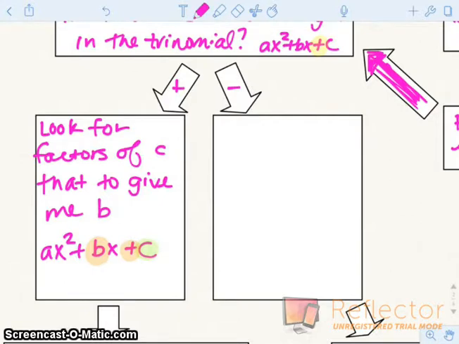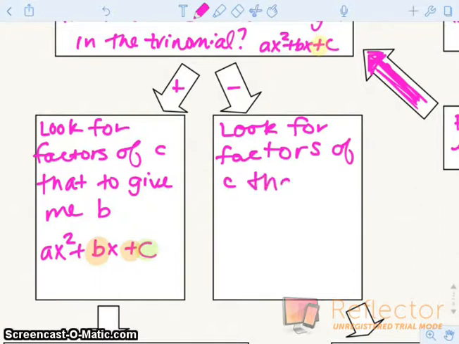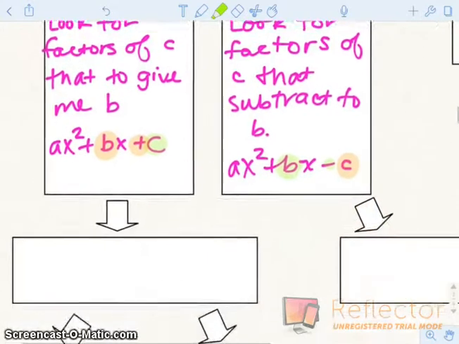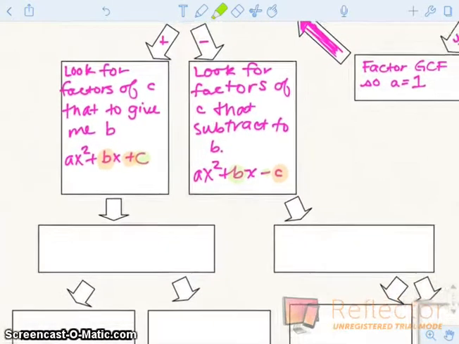If it's a negative, I would look for factors of c that subtract to b. So I'd be looking for ax squared plus bx, it would say minus c, and I'd be looking for factors of c that subtract to give me whatever number b is. It might be a little confusing right now, just bear with me till we start to do some examples.